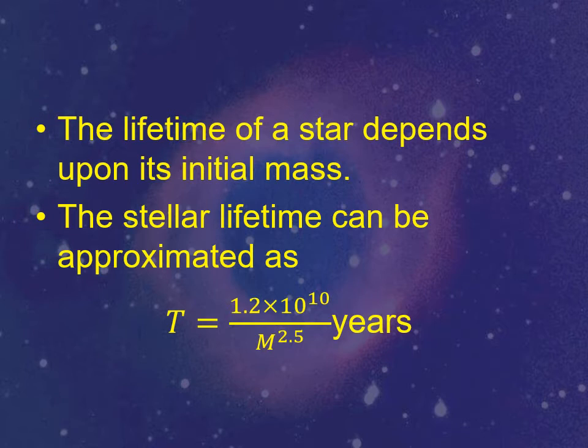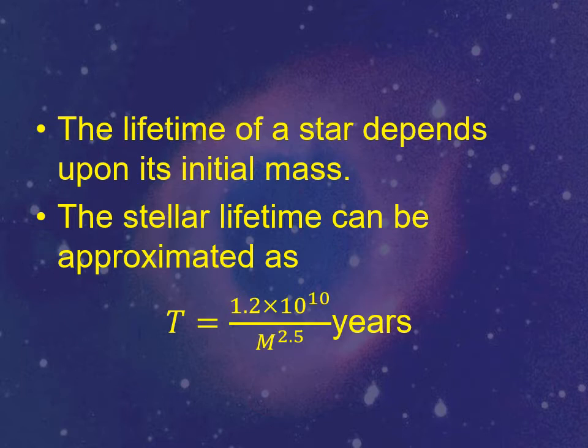The less mass it has, the slower it fuses hydrogen. This is kind of like a small car versus a big car. Even if the small car has a smaller gas tank, it can sometimes go farther than a big car that has a bigger gas tank simply because of the better fuel efficiency. And now that depends, obviously, on the manufacturer and what size gas tanks they put in the car.